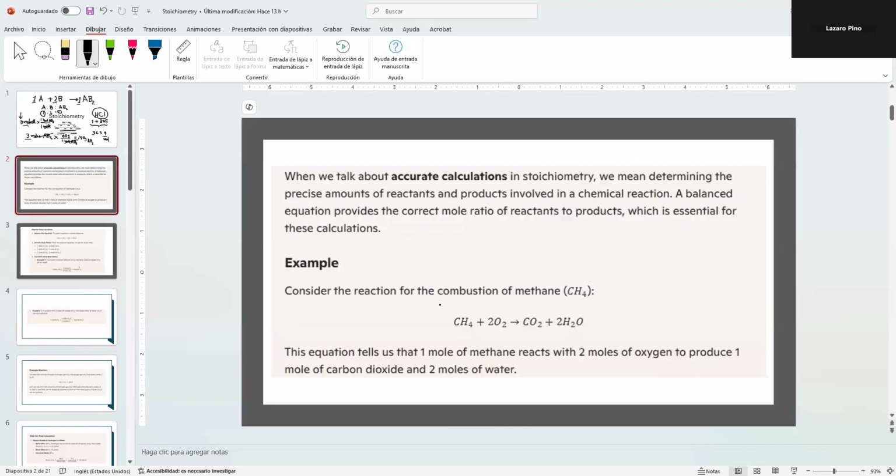For example, you have this compound known as methane. 1 mole of methane reacts with 2 moles of dioxygen and produces 1 mole of carbon dioxide and 2 moles of water. So the ratio is 1 to 2 to 1 to 2. These are the ratios in this equation.